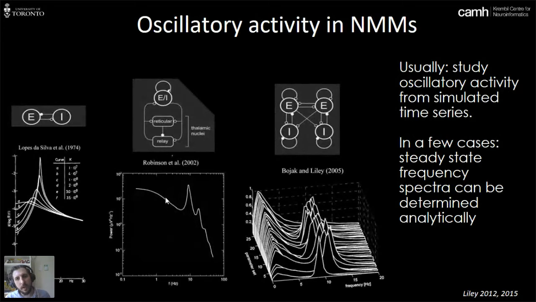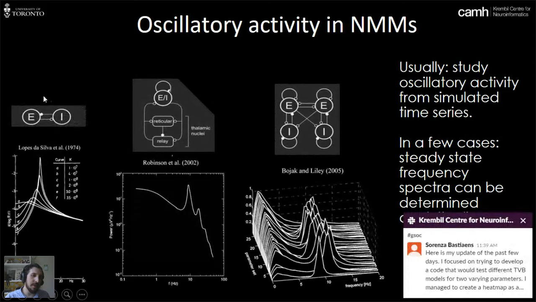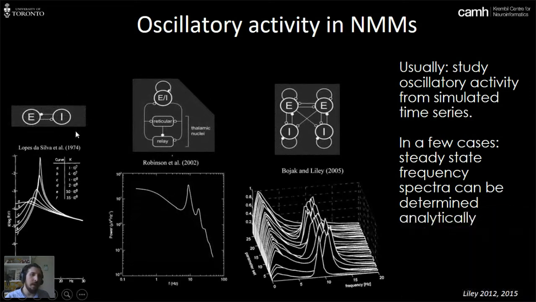But there is another way to study oscillatory activity in neural mass models, which is very powerful, and that's to develop analytic expressions for the power spectrum. So in a nutshell, I haven't shown you very many of the actual equations that are used here, but you can take one of these model types and set certain conditions where the system is in what we call a stationary state or a steady state.